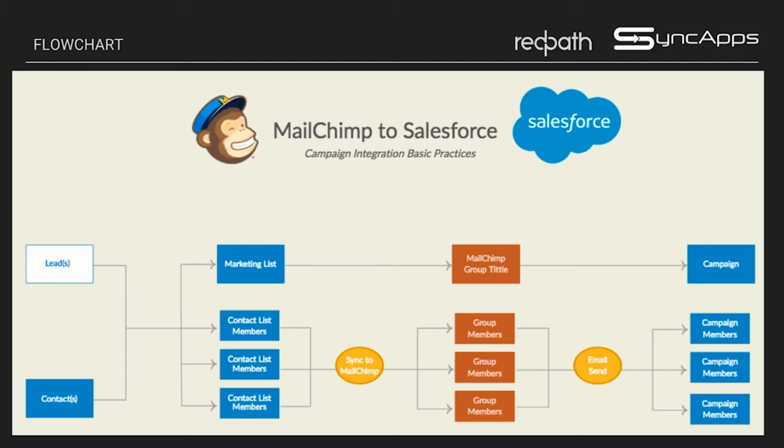Once it goes to your Mailchimp account, it will have a group title and group members. Once you send out an email to that Mailchimp group, that campaign together with the campaign members and the campaign metrics can be synced back to Salesforce.